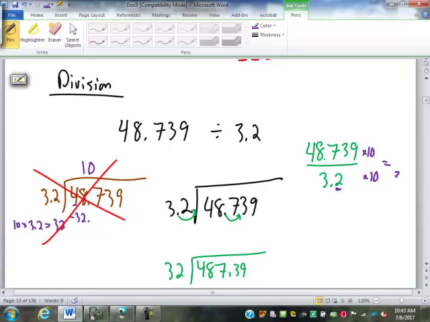So 3.2 times 10 is 32. I have to multiply the top number by 10 as well, so that becomes 487.39. So moving both of those decimal places is nothing more than just converting fractions. If there were two decimal places here, I would move the decimal point 2 spots, or multiply by 100, yes.